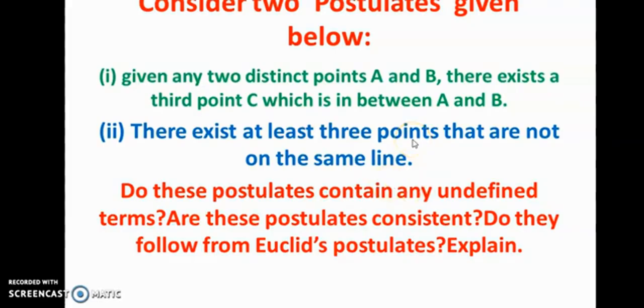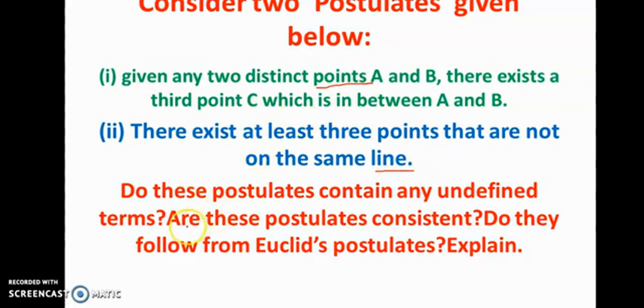So, can we say the postulates given here contain some undefined terms? Yes. In these two postulates, the undefined terms are a point, here in the first postulate, and in the second postulate, a line.